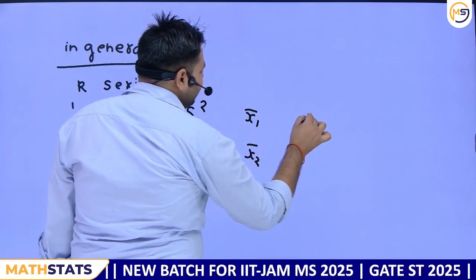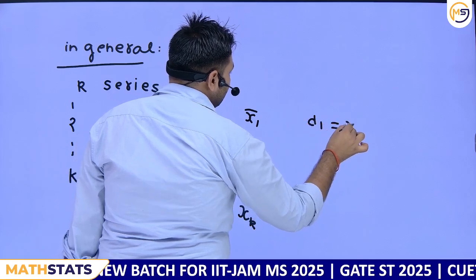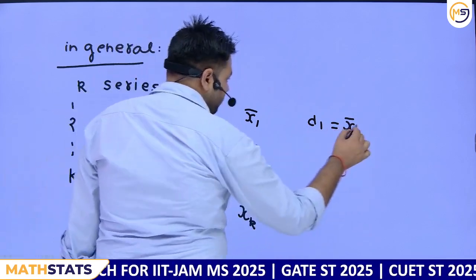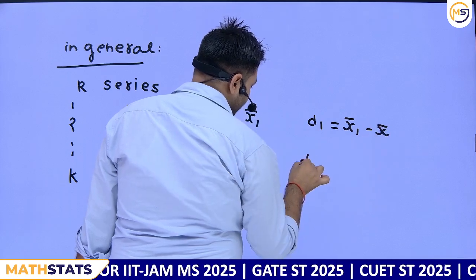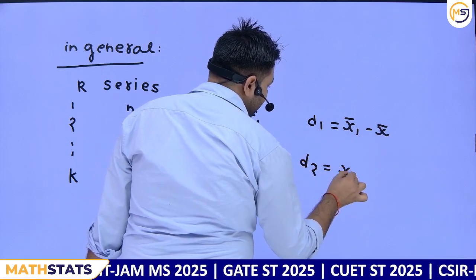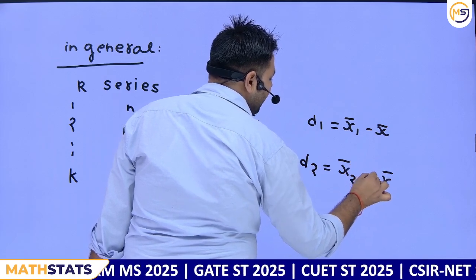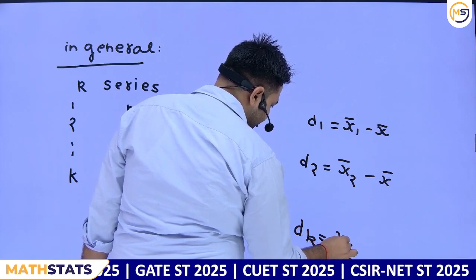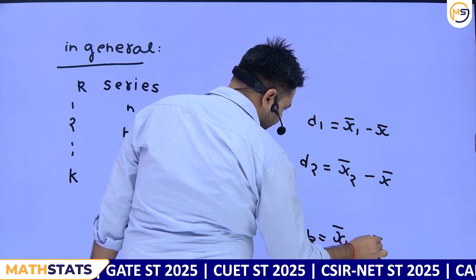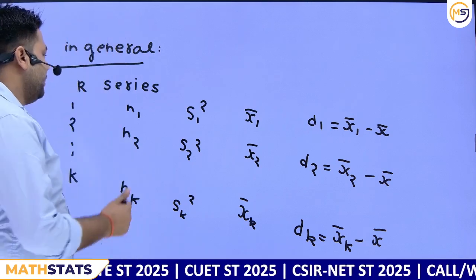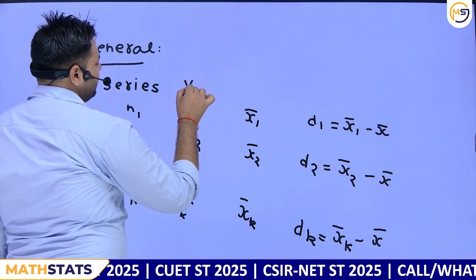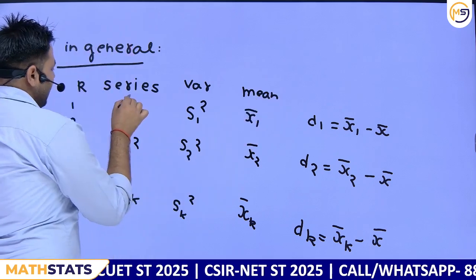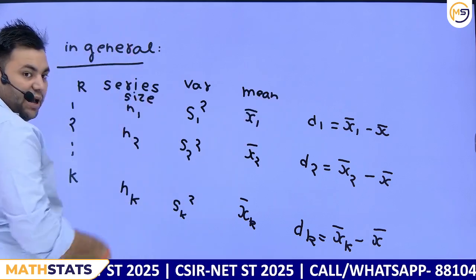Corresponding D1 equals X1 bar minus X bar, D2 equals X2 bar minus X bar, and so on up to Dk equals Xk bar minus X bar, where X bar is the combined mean.